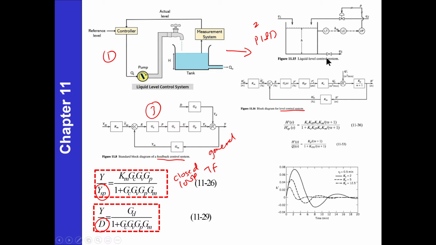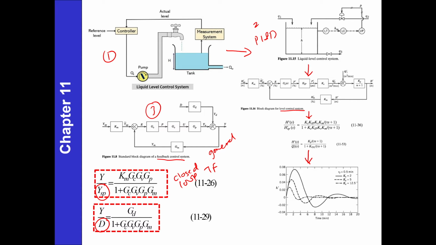From that P&ID diagram, we can draw a block diagram. From this block diagram, we reduce it into a closed loop transfer function, and we have to solve this mathematical equation until we can get this graph. This is what chapter 11 is all about.